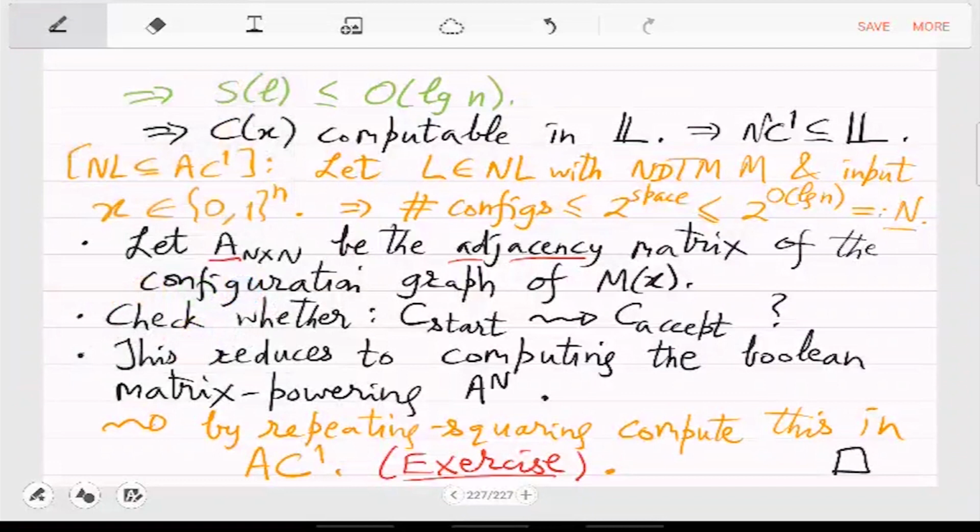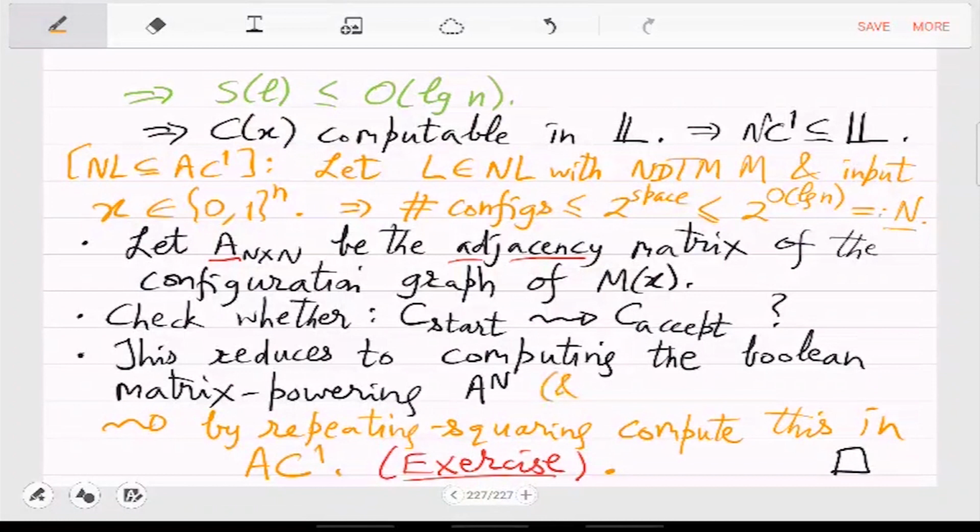The matrix is the adjacency matrix of the configuration graph of the NDTM on a certain input. This NDTM only requires log space, so the configuration graph is not too big. The adjacency matrix is big N times big N. So you have to compute this A to the N and test an entry. This entry which you will check is C start row, C accept column, whether that entry is 1. So you just have to compute one entry of this powering.